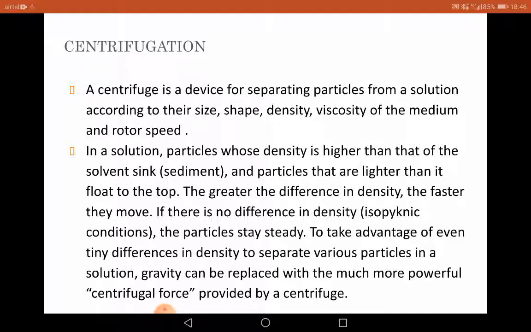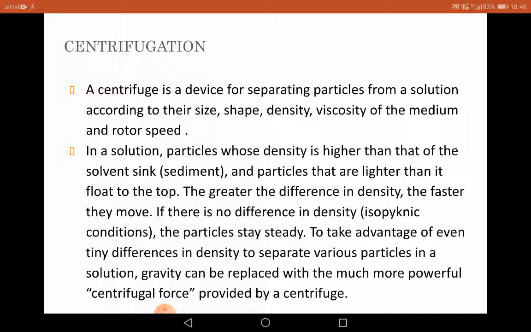They have different sedimentation, and this sedimentation depends on the density, shape, size, and the viscosity of the medium and speed. So in a solution, particles whose density is higher than that of the solvent sediment, and particles that are lighter than it float on the top.